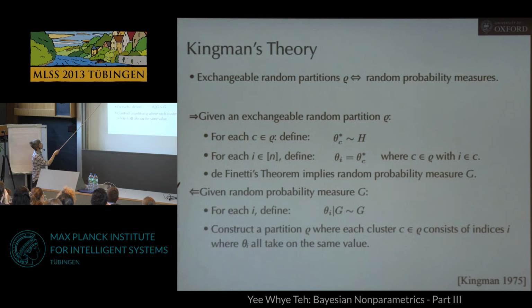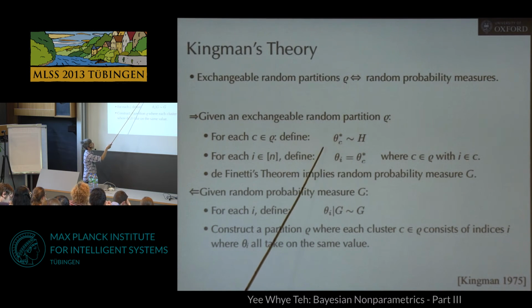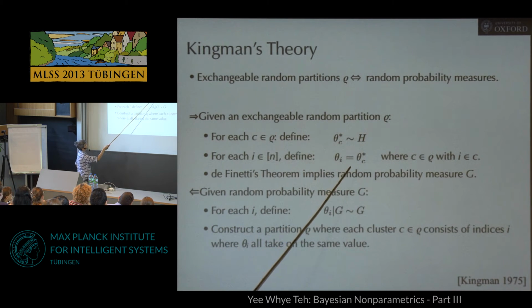To go from exchangeable random partitions to random probability measures, we do exactly the same construction as before. For every cluster in the partition, we associate an independent draw theta star from some distribution. Then we simply say that theta i equals theta star c, where c is the cluster that contains i. This constructs a sequence of exchangeable random variables, so we can apply de Finetti's theorem to get our random probability measure.